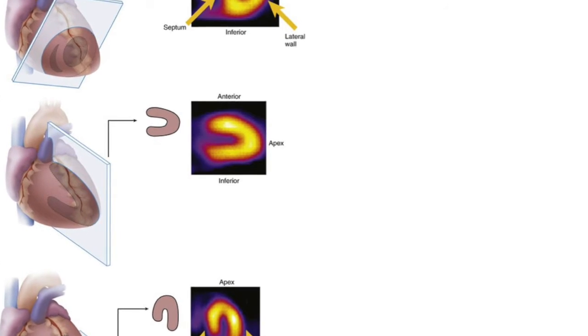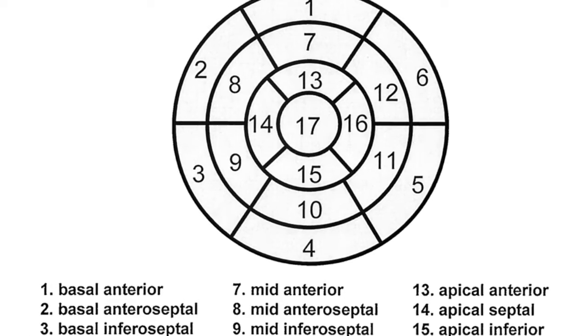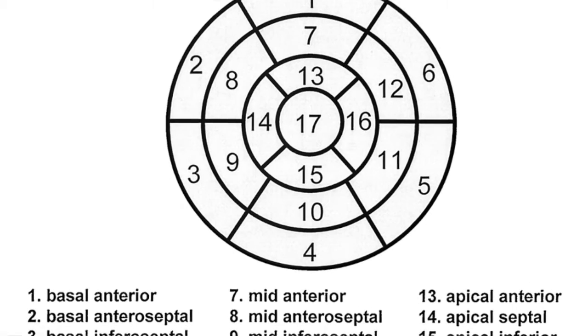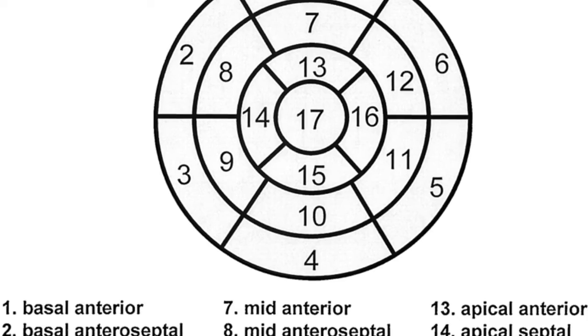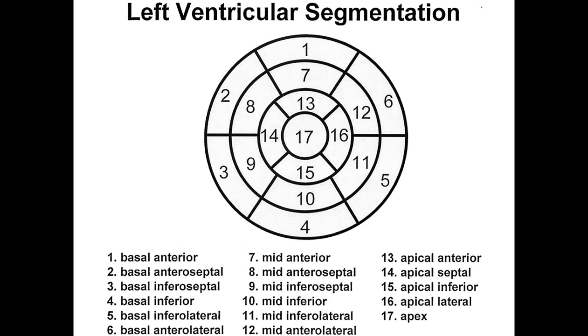But with those slices through the apex, through the middle, and the base of the heart, you can then derive the AHA 17 segment model of the heart. This bullseye is a diagram of that, where simply we have splayed out the heart from apex through to the base, such that the apex is in the center of the dartboard, and we have the anterior wall towards the north, the septal wall towards the west, the inferior wall towards the south, and the lateral wall towards the east.